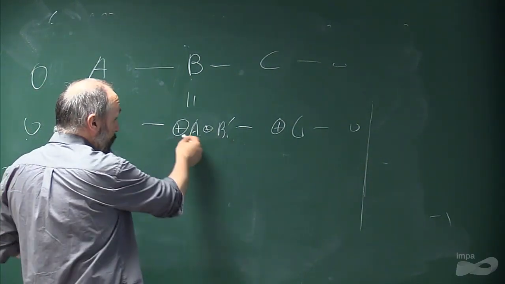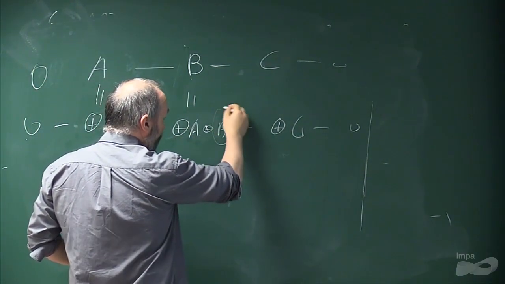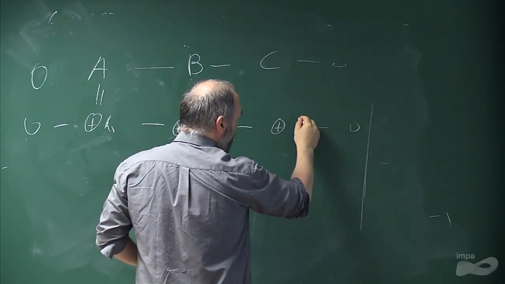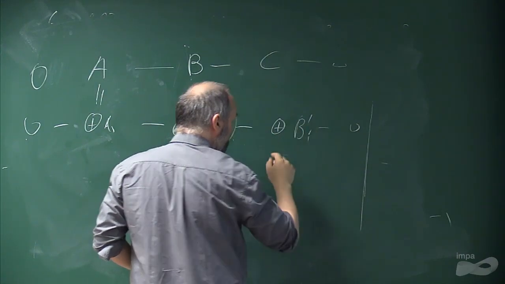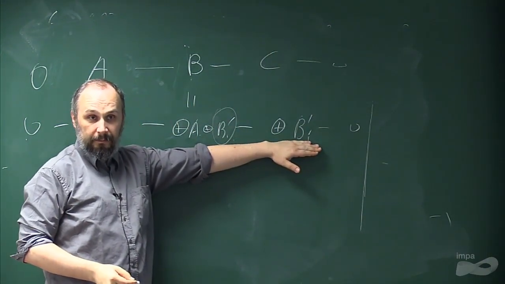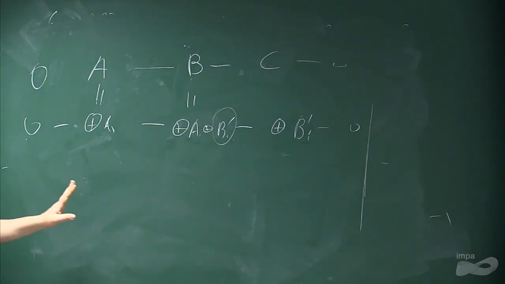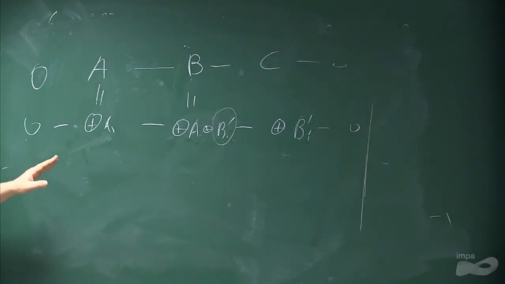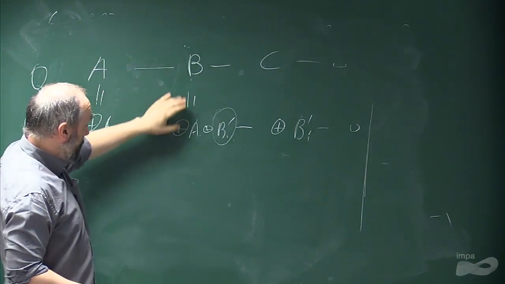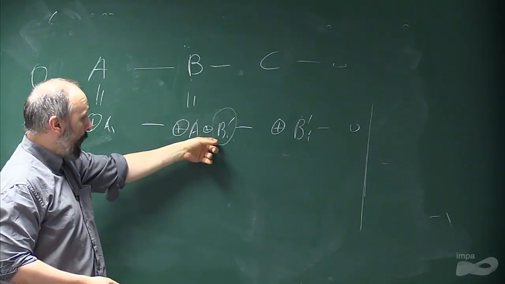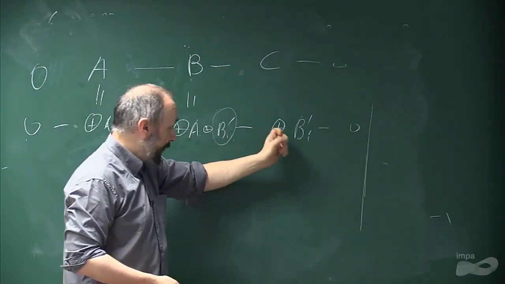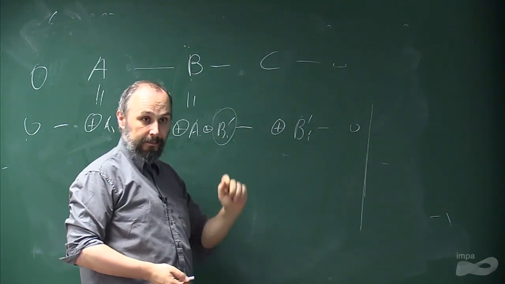Of course, this goes to 0, and this is mapped onto the direct sum of B_i prime. This would be the irreducible decomposition for this representation. This should be clear, right? Again, you start with the irreducible decomposition for A, you obtain the irreducible decomposition for B, where you just take an orthogonal complement to A and decompose it, and this gives you the irreducible decomposition for C.